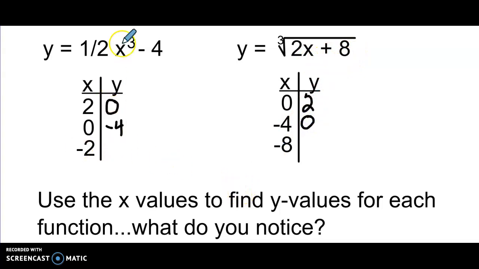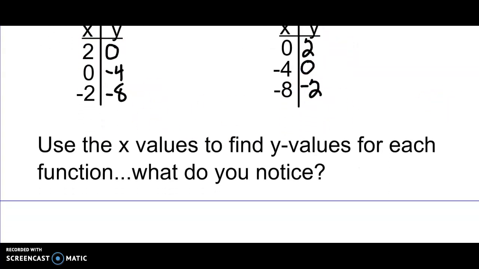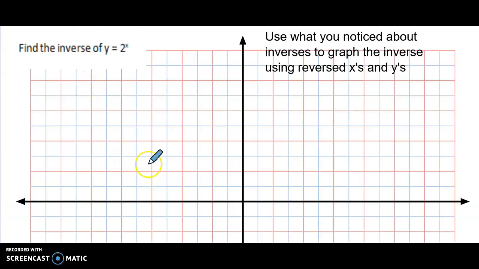They're always reversed. -2 cubed is -8. Half of -8 is -4. Minus 4 is -8. -8 times 2 is -16. Plus 8 is -8. Cube root of -8 is -2. So we always have this situation happening, right? We had that. We're done.